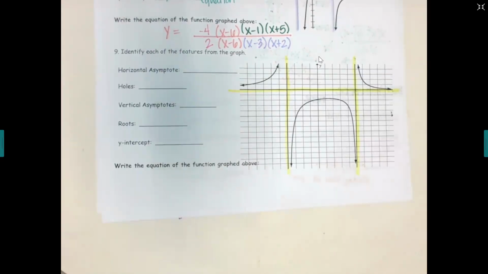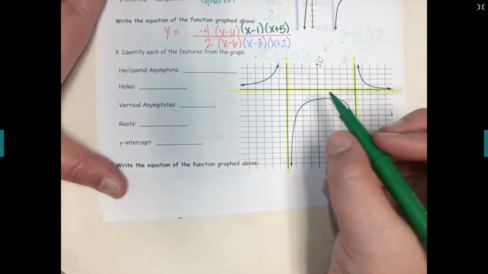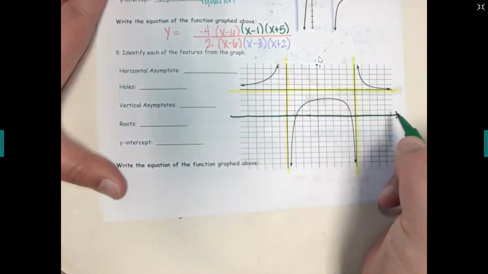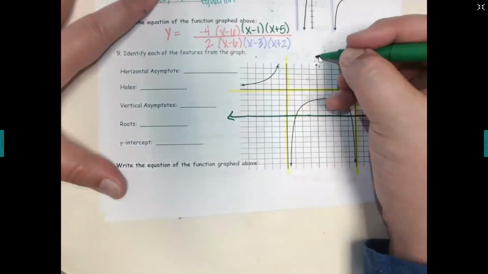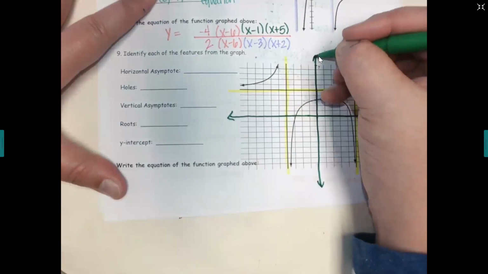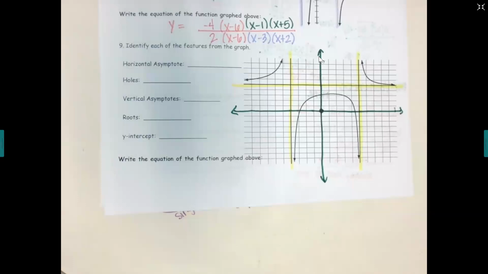Then the X and Y axis are where the little x and the little y are. So do you see the little x right here? That's the X axis. And then that's the Y axis. So then that would be 0, 0 in the center. So if you want to just mark that for your test, I'll make sure that the asymptotes are dotted lines. So it's not quite as confusing.